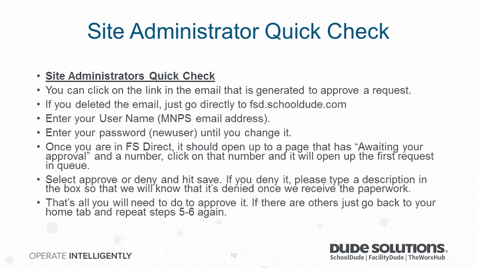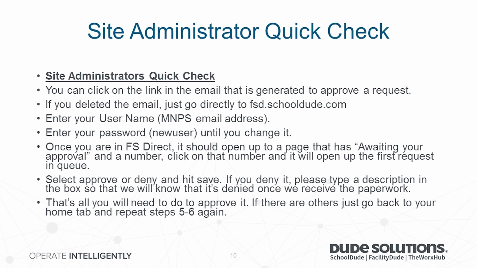But this is a quick check for my site administrators, meaning the school principals. I just tell them what they can do to get in and how they can go in and approve or deny. If they deny it, because sometimes they'll say, oh, they used my school a year ago and they totally trashed the place, so I don't want them to use it again, you'll get all of that in the information box once that schedule is routed to you, and that way you can follow through with them on that.